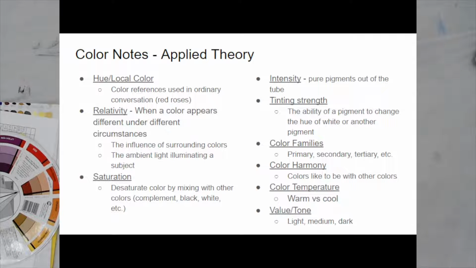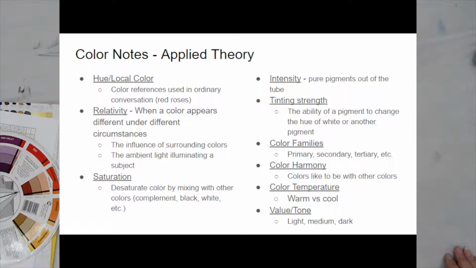Intensity, that refers to pure pigment straight out of the tube. They're the loudest and brightest, look-at-me colors that you'll ever see. Tinting strength refers to the ability of a pigment to change the hue of white or another pigment. So, for example, it's going to take a lot more yellow ochre to change the color of white than it will to put in phthalo blue, or alizarin crimson, or cadmium red.